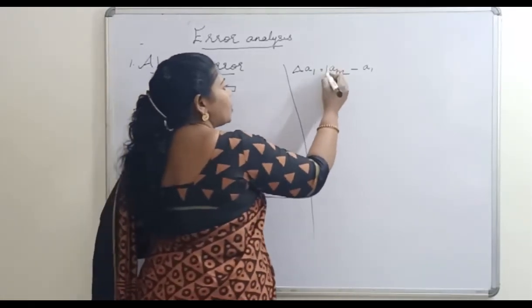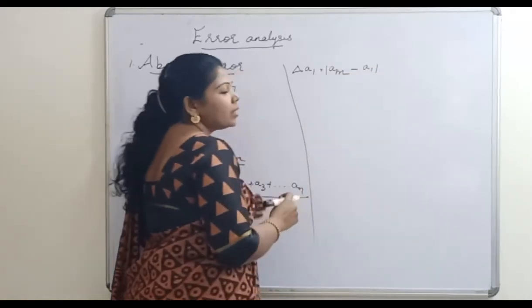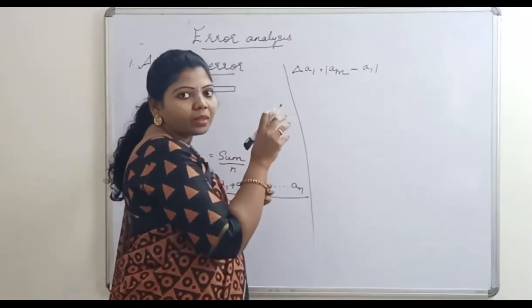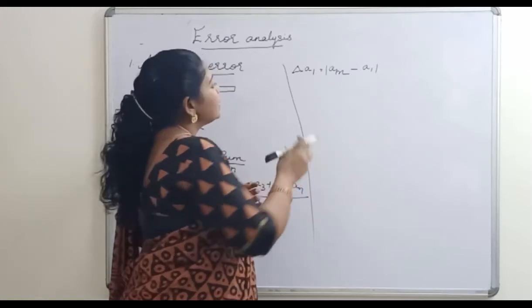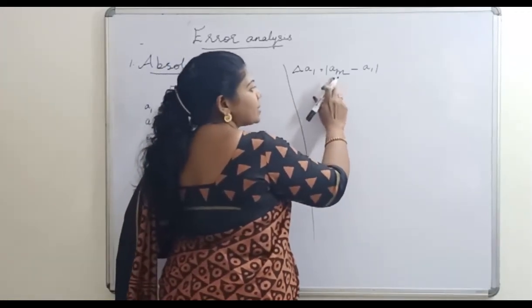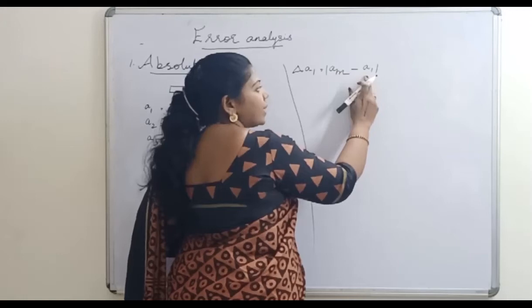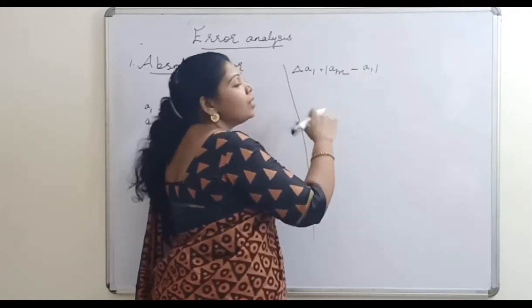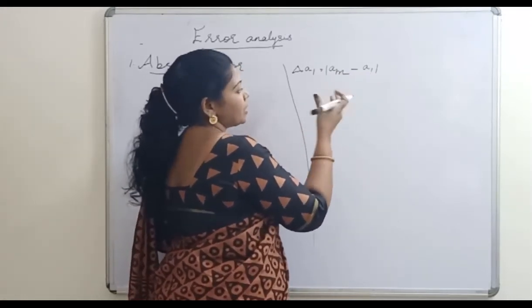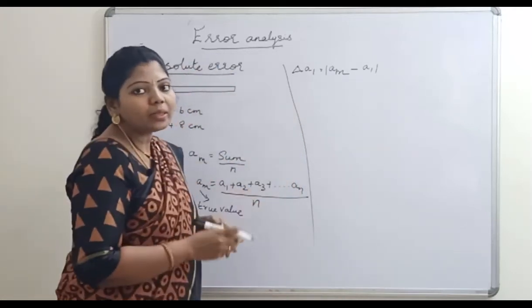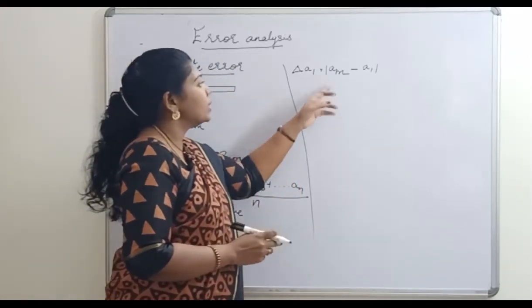Here we have to put a modulus sign because we are taking only the number. The sign is not needed. Sometimes if this value is less and this value is greater, you will be getting a negative sign. We have to neglect the negative sign. The magnitude alone is considered here, so we have to put a modulus sign.